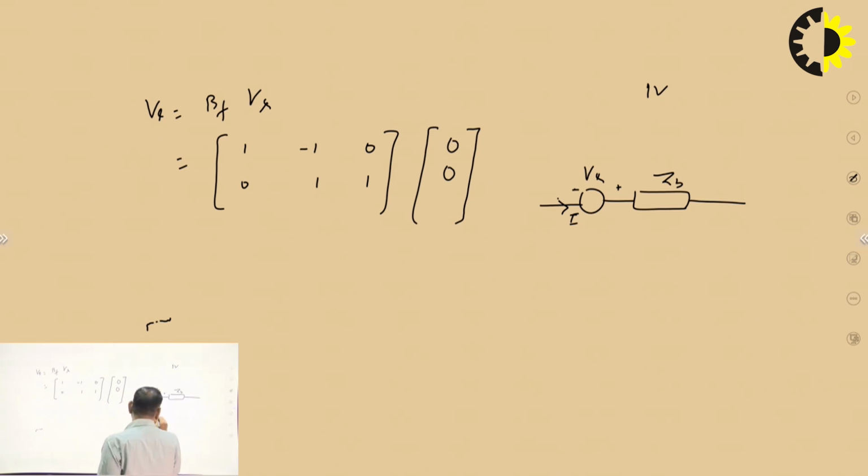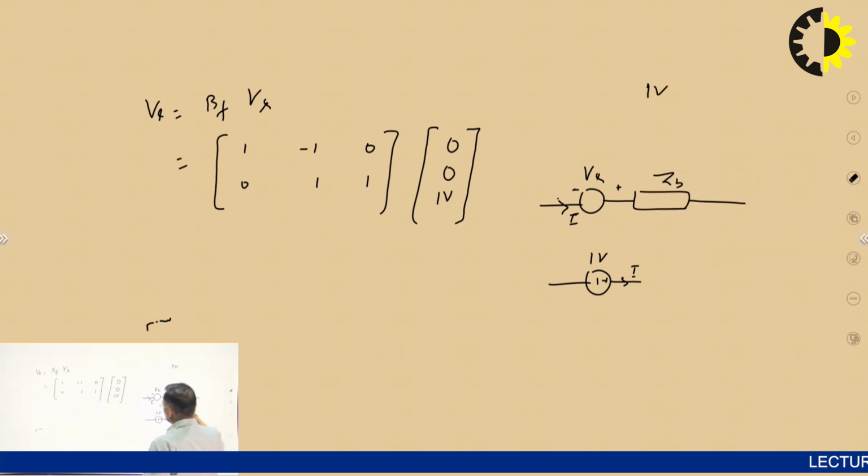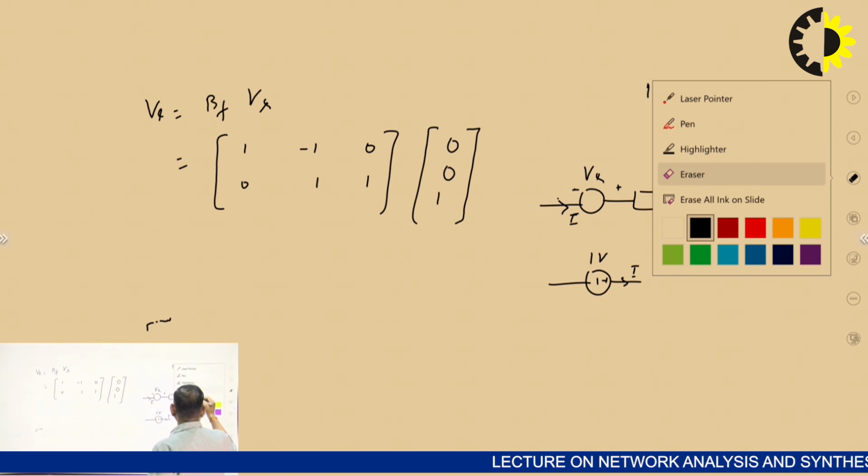In the numerical we can see that this is 1 volt, so here we will take 1 volt. 1 volt means 1 in the matrix.